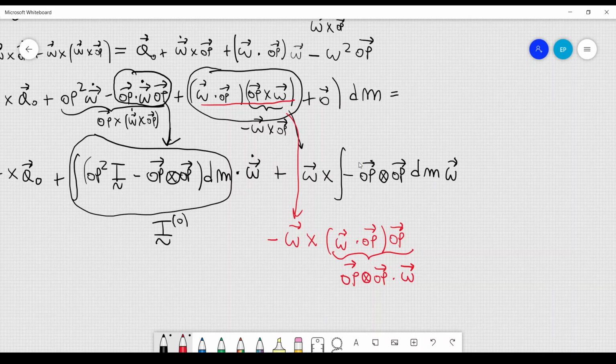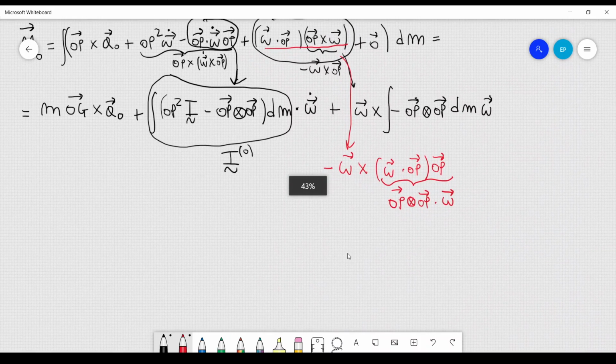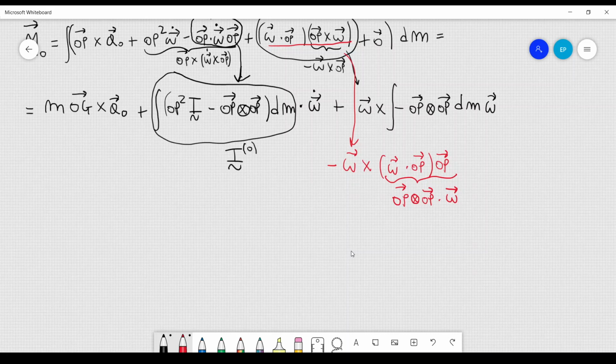And one last step is this. Now, consider this fact. If I put another quantity inside this integral here, of this kind, OP squared times the identity matrix, then I'm adding just a zero vector, because omega cross product with this matrix that multiplies omega will give you 0.